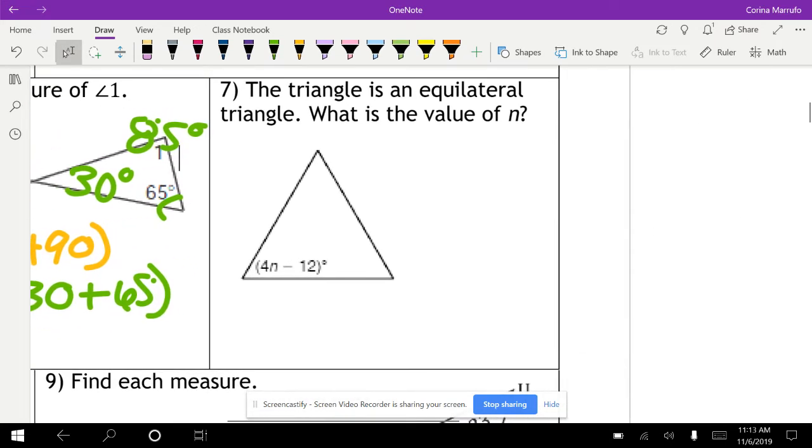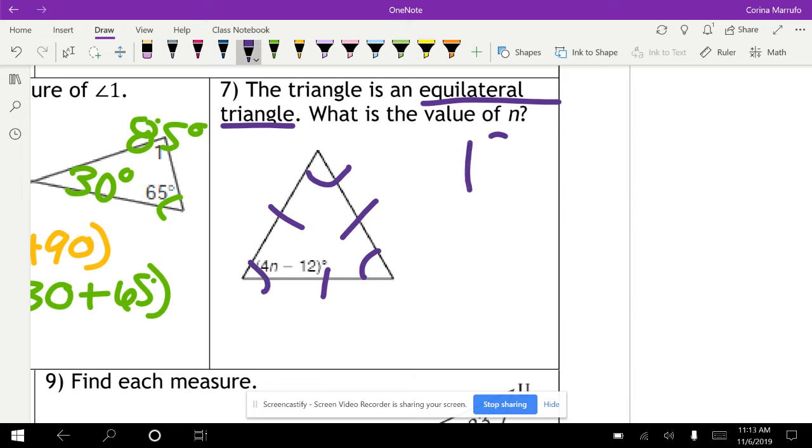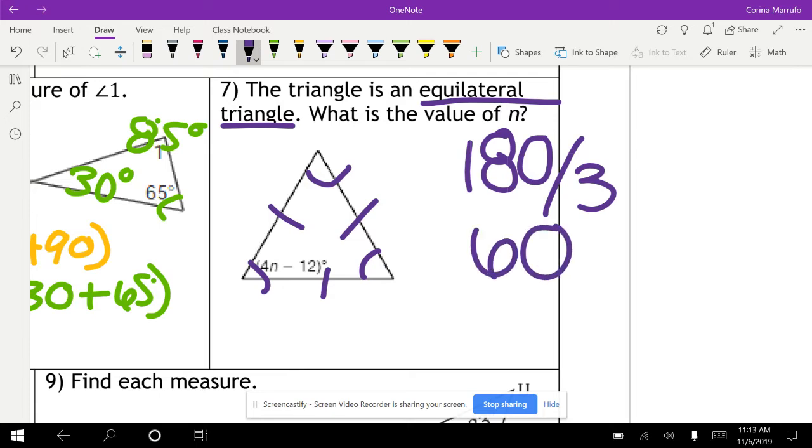All right, number 7. It tells us here the triangle is an equilateral triangle. What is the value of n? Because it's an equilateral triangle, all the sides are the same, which also means that all the angles are equal. We know the 3 angles in a triangle add up to 180. We divide it by 3 because all of them are equal, and that's going to give me 60. And then we take the 4n minus 12 and set it equal to 60.